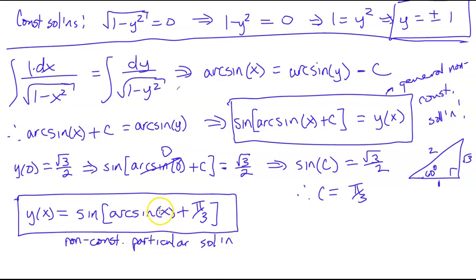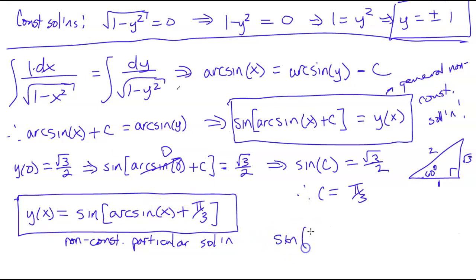And notice that we have that along with this constant solution up here. Now, it turns out that the constant solutions that we have here could actually be worked into this non-constant solution here for specific values of x.